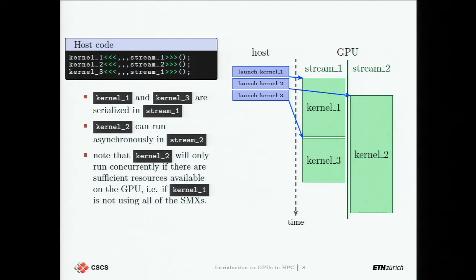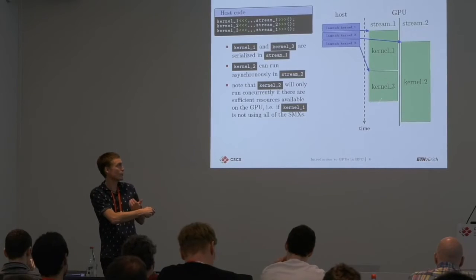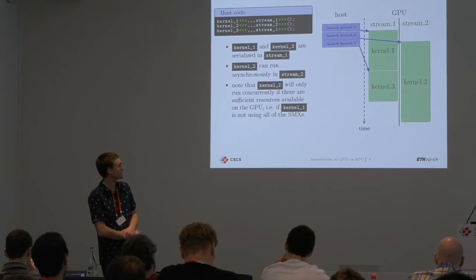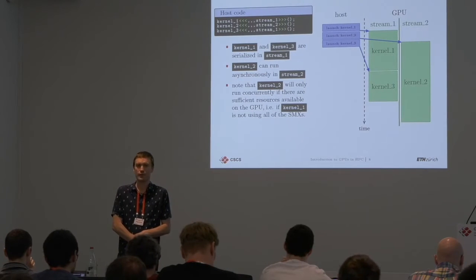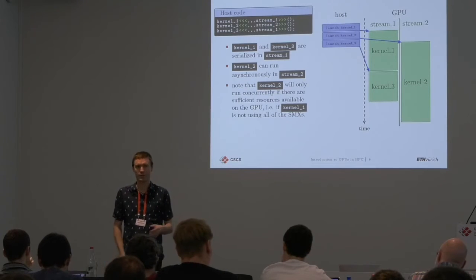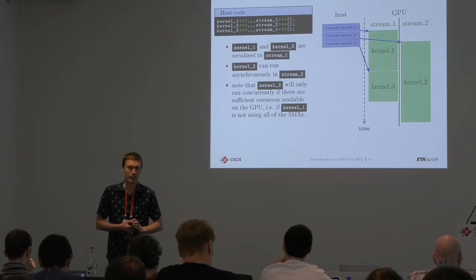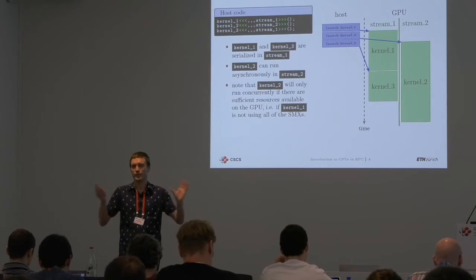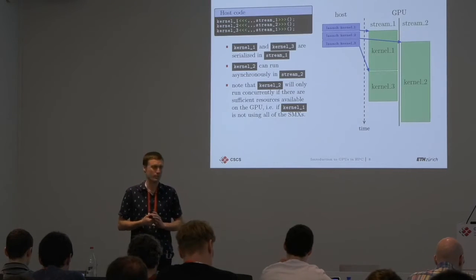The first kernel will start executing in stream 1, then the second kernel can start executing before kernel 1 finishes because they're in different streams, but kernel 3 is going to have to wait for kernel 1 to finish executing. Is that clear enough? I have to emphasize that this isn't guaranteed to happen, because if any one of these kernels is big enough to take all of the GPU's resources, the other ones are just going to have to wait. But this gets managed for you by the CUDA runtime and the hardware, so you don't have to worry too much about that.